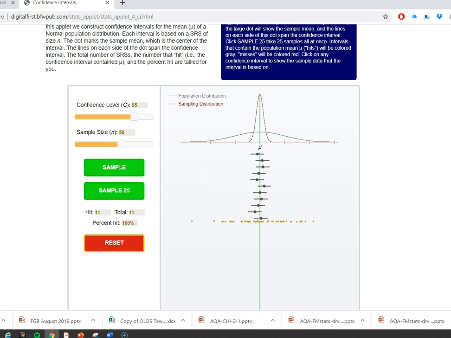And you can see these intervals so far, they are all capturing our population mean. And here we have a sample where our confidence interval constructed from this sample is not capturing the population mean. But overall, you'll find that 95% of such intervals will capture the population mean.